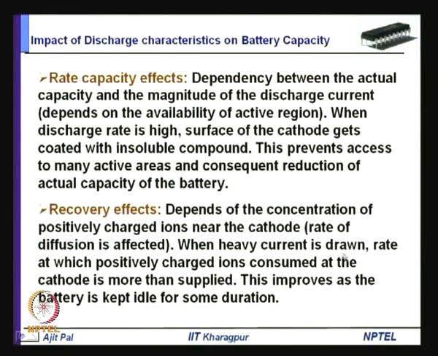So, when heavy current is drawn, the rate at which positively charged ions are consumed at the cathode is more than supplied. So, whenever you are using a battery, the positively charged ions available to you reduce.